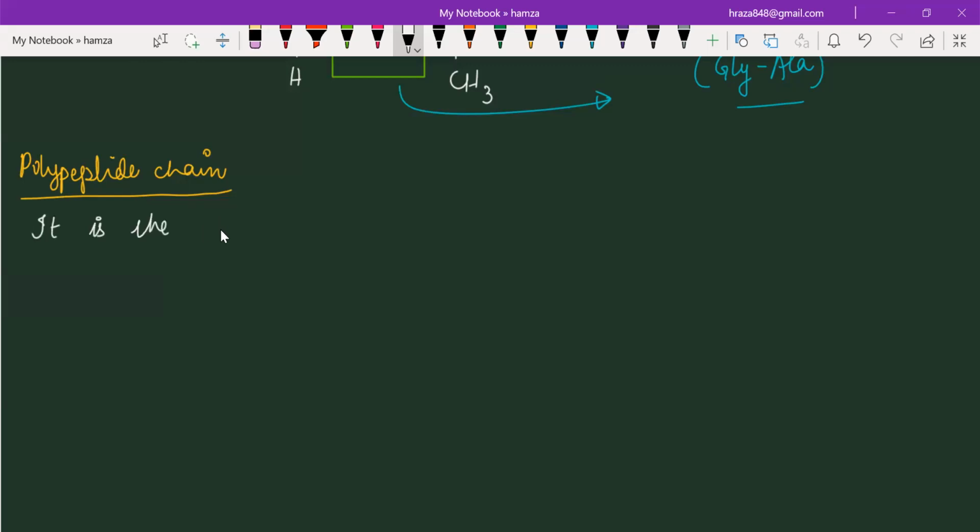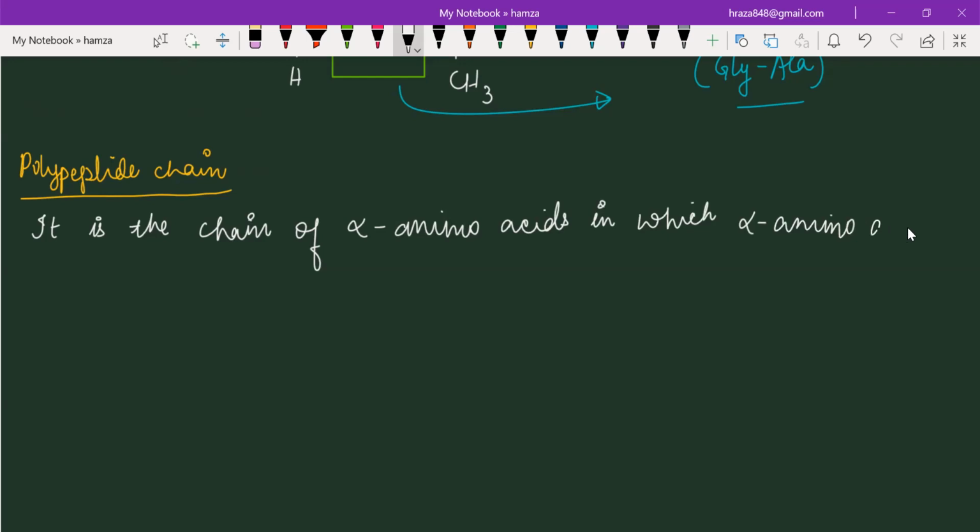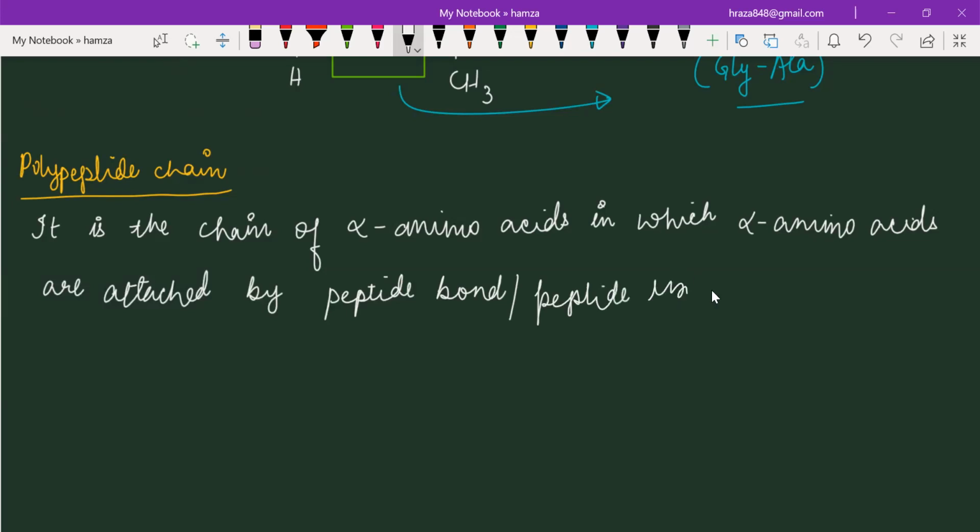It is the chain of alpha amino acids in which alpha amino acids are attached by peptide bond, or we write peptide linkage, or we can write amide bond.